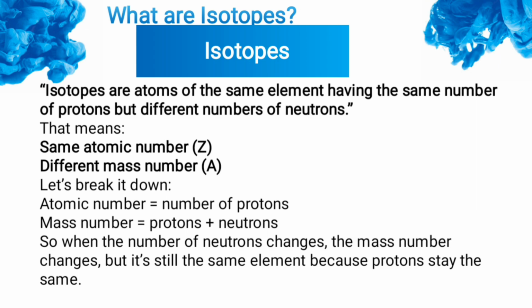Atomic number is equal to the number of protons, while mass number is equal to protons plus neutrons. So, when the number of neutrons changes, the mass number changes, but it is still the same element because the protons stay the same.